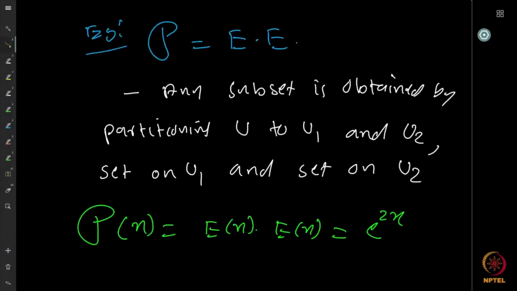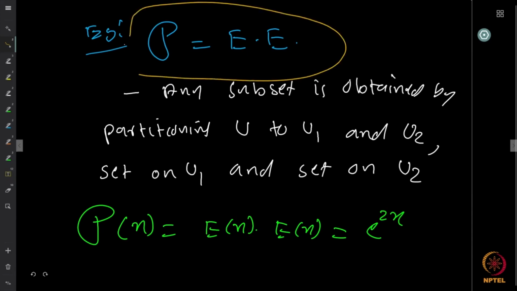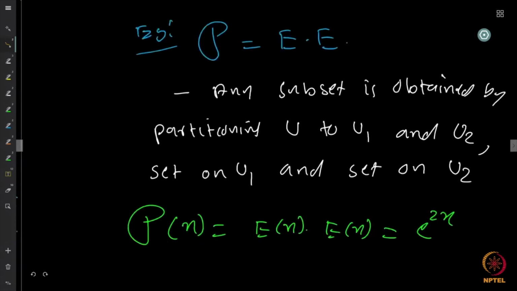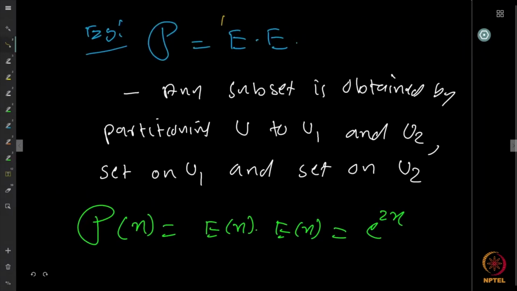Another example is the power set. The species of power sets on a set U is basically the product of E with itself, where E is the species of sets. This should be clear because any subset is basically partitioning the set U into U1 and U2: one part is to keep and the other is to throw out. That forms a subset.